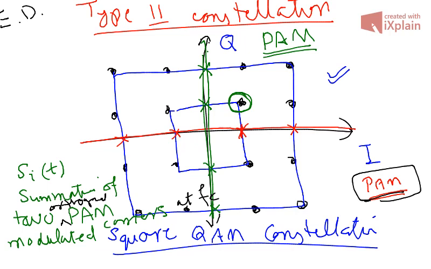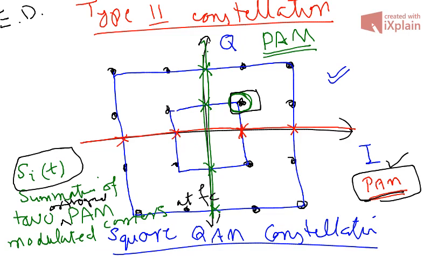When you add them up, you get a QAM symbol. So the ease of implementation can be observed from this. We conclude that it is easier to implement this square QAM symbol as compared to other types, because you just need PAM modulated carriers and you just add those carriers to get a QAM modulated signal.